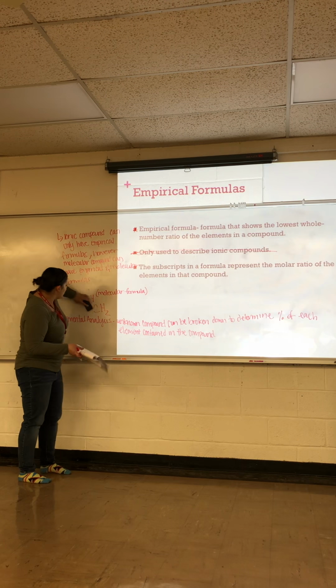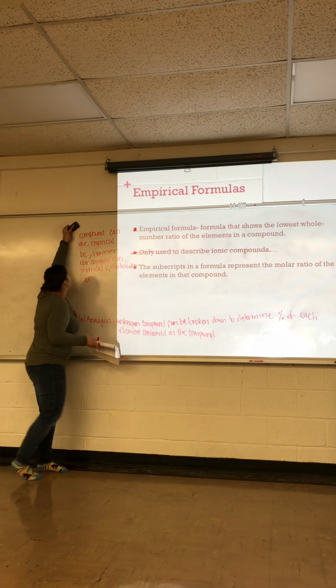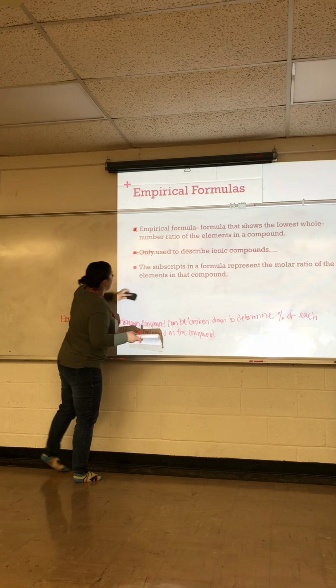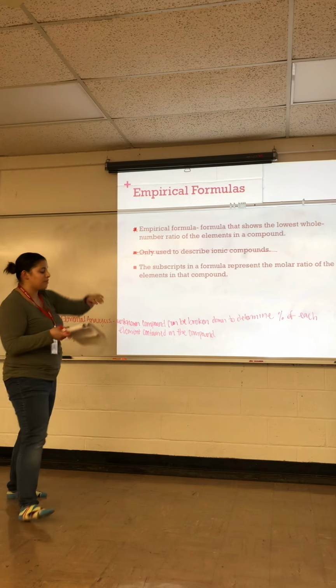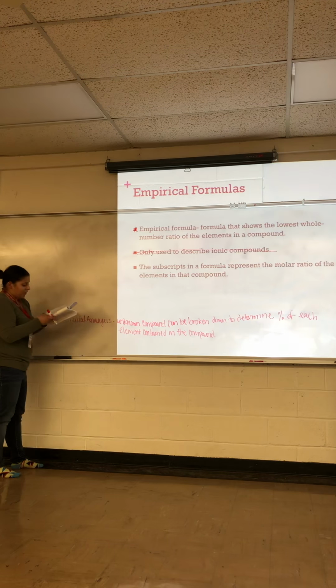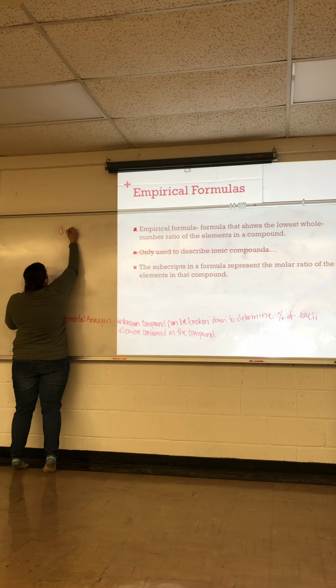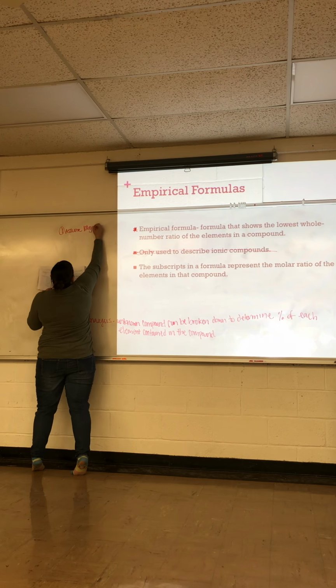I'm not going to erase elemental analysis, but I'll erase the top and then add the steps on how we do this. The bell's not going to ring yet. How we go about this is in a series of steps. The first thing you're going to do is always assume you have 100 grams of every sample.